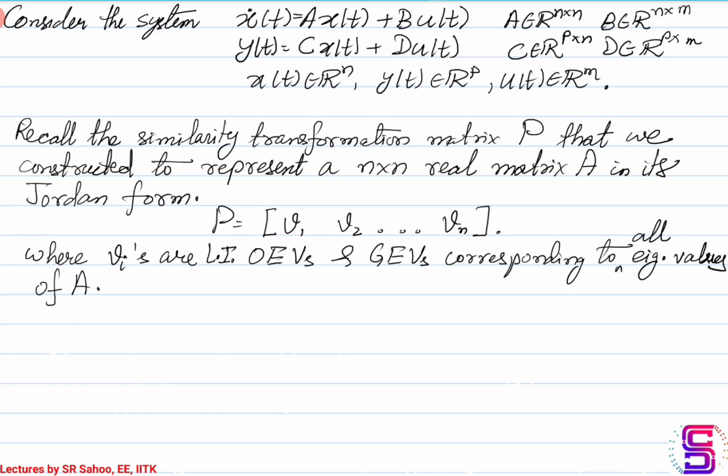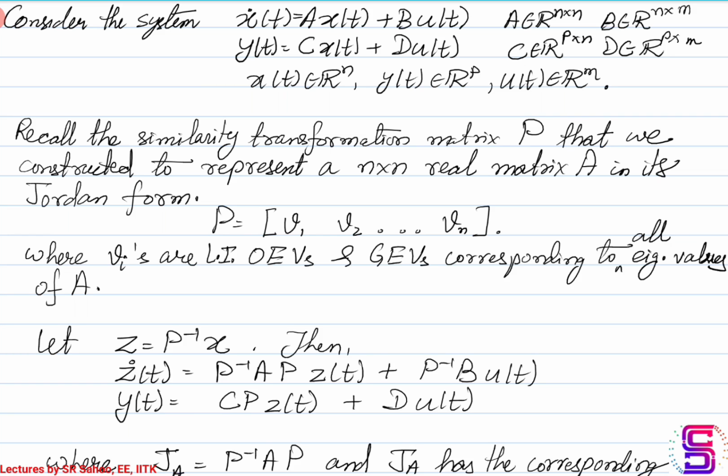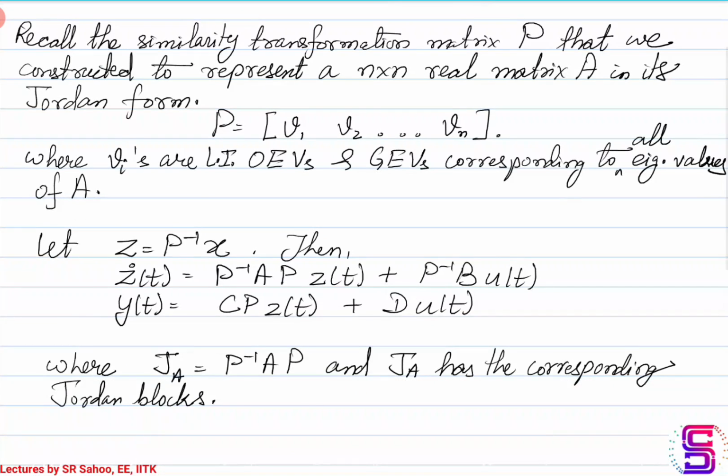Once we have this P, we can have a state vector Z which is related to the state vector x through this similarity transformation matrix P, which is Z equal to P inverse x.